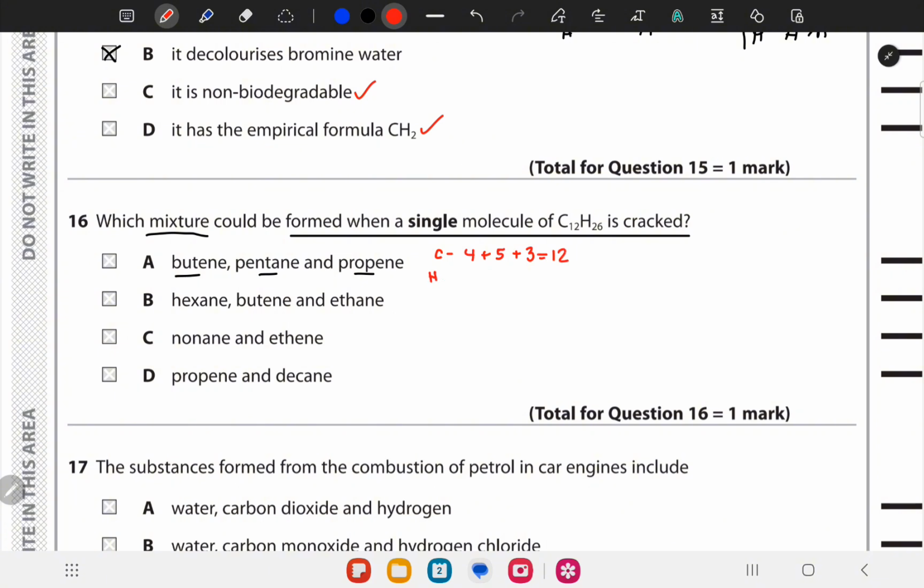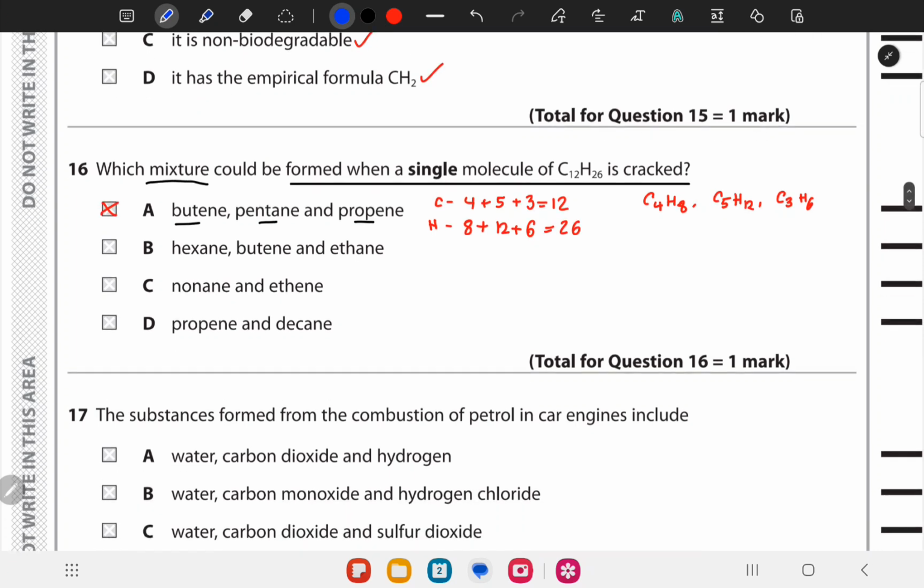Now for the number of hydrogen, butene is C4H8, pentane is C5H12 and propene is C3H6. So we'll have 8 plus 12 plus 6, 26. So A is the answer.